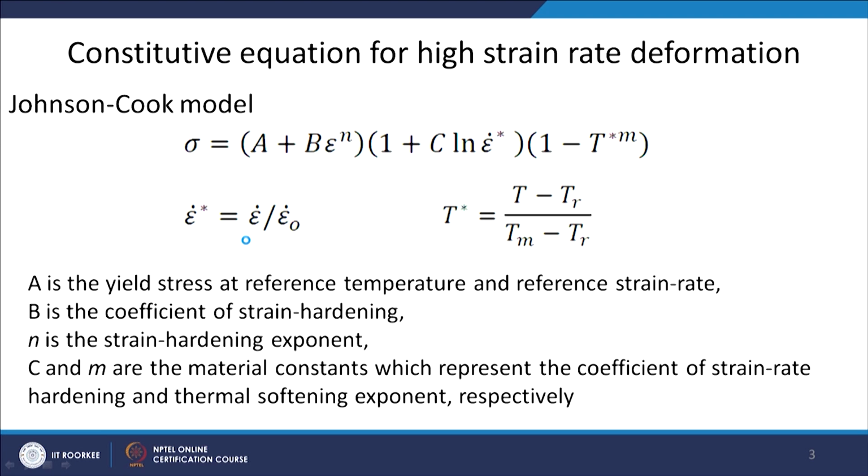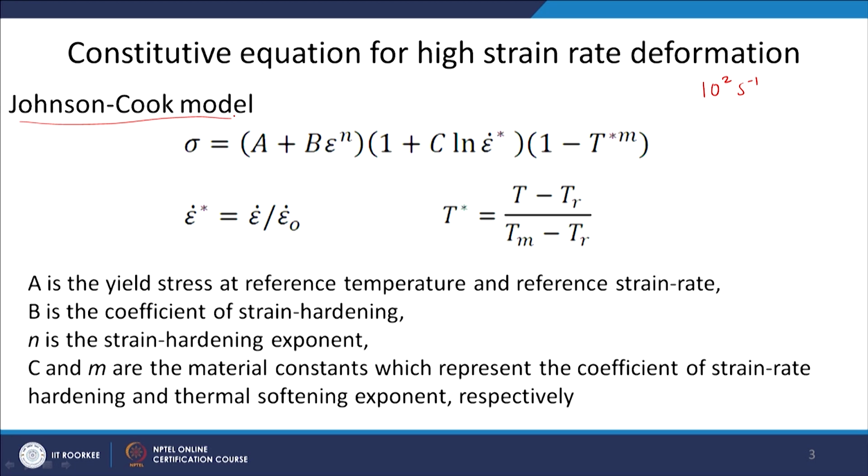As I was telling you, in this case my strain rate will be more than 10 to the power 2. One of the most important or used models is what we call the Johnson-Cook model.